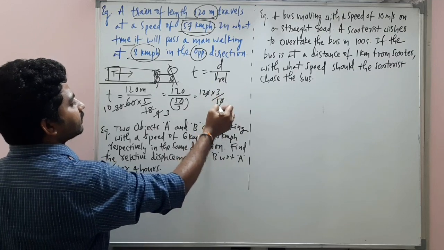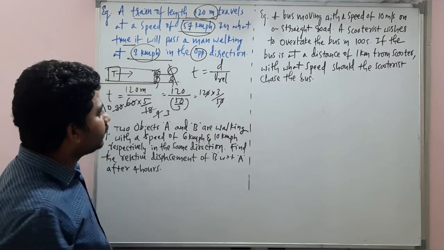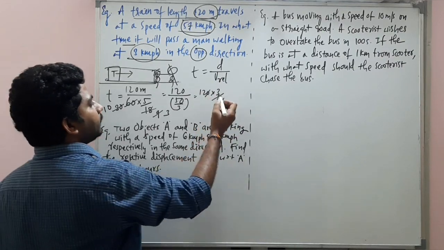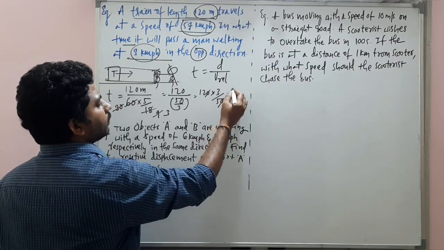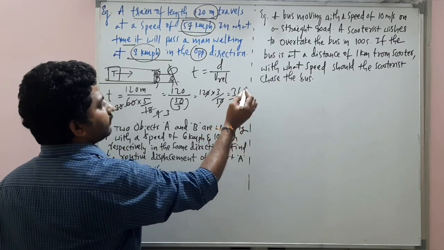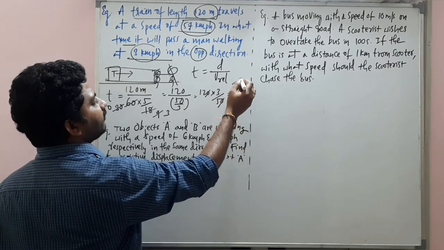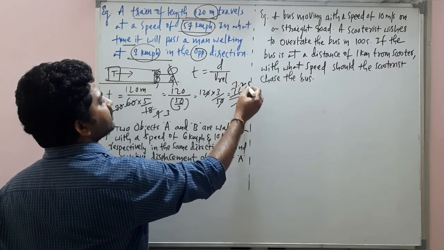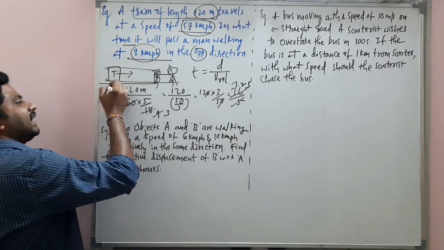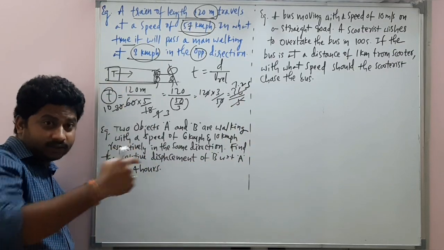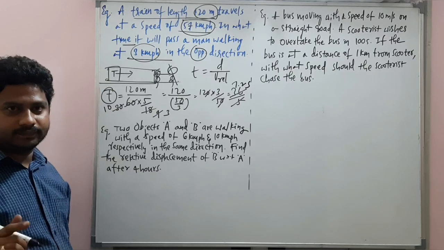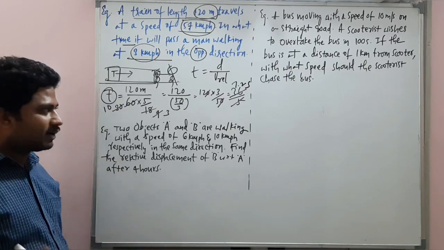So the zeros get cancelled. Right? Now here, 36 by 5. So how much here? 5 7s are 35 and 1 is left, 5 2s. So 7.2 seconds is the time taken by this man to pass the train. Simple. Okay.